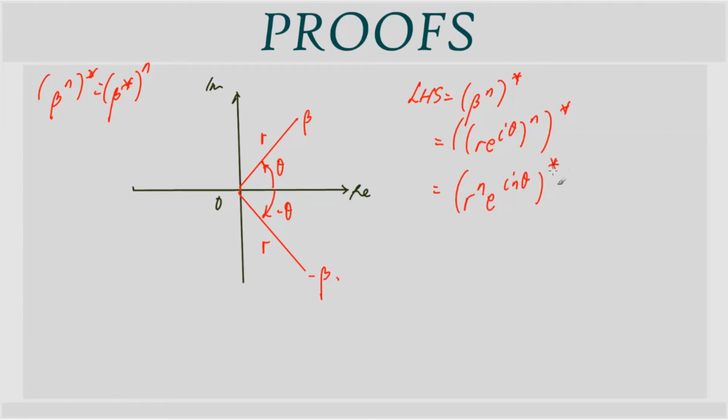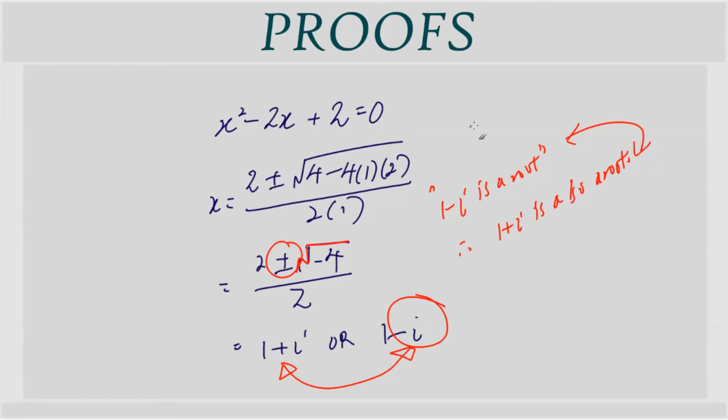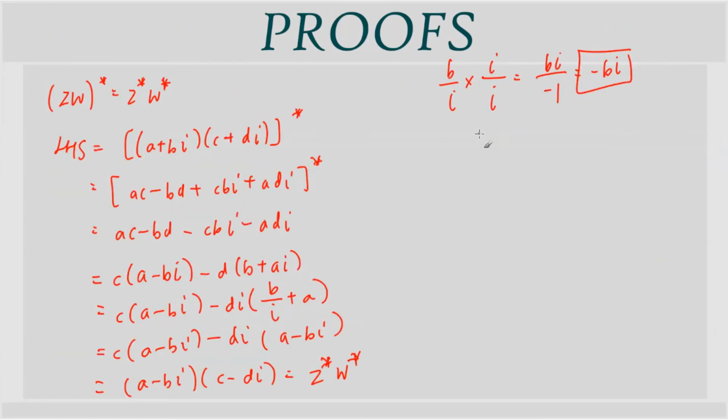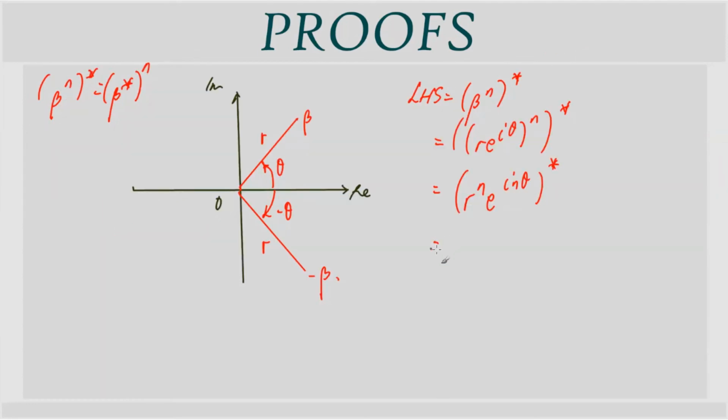And we know that the conjugate of a product zw is equal to the product of z conjugate and w conjugate. We know that it applies here as well. The conjugate of r to the power of n times the conjugate of e^(in theta). And this is equal to r to the power of n, because r to the power of n is a real number, so it has no conjugate whatsoever.